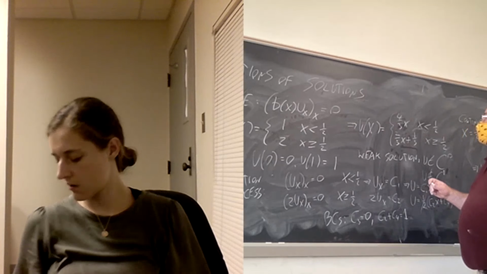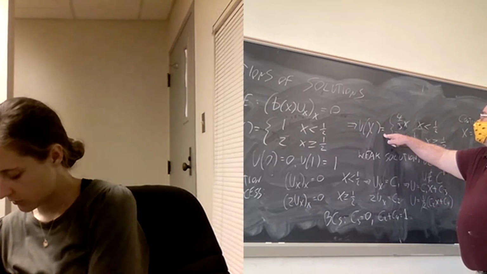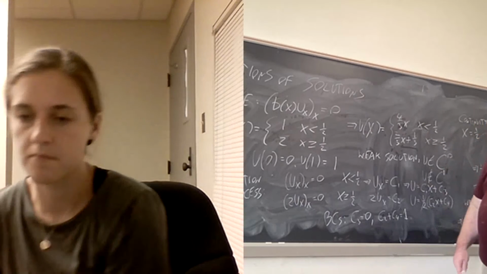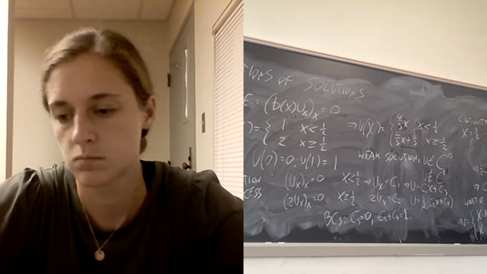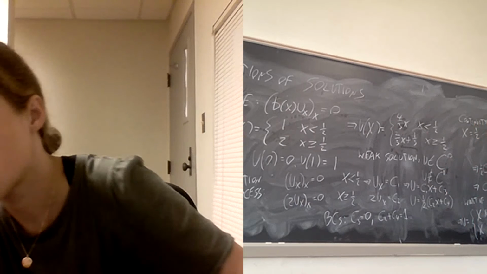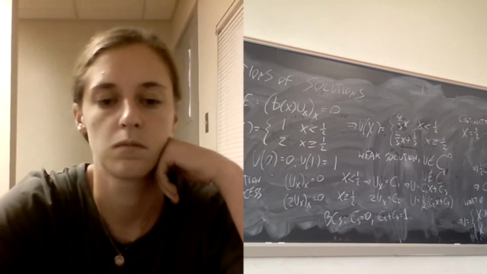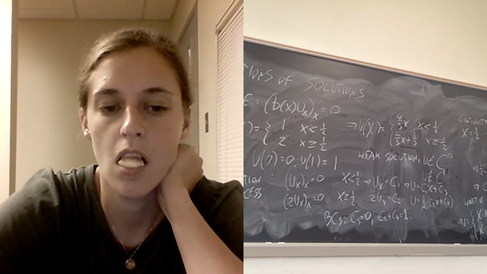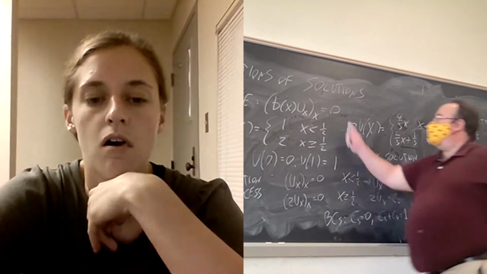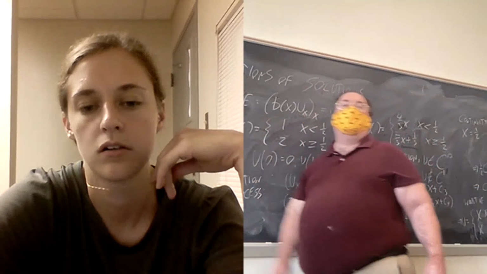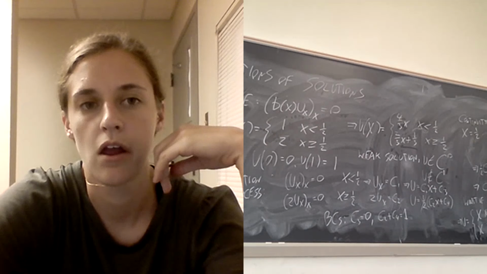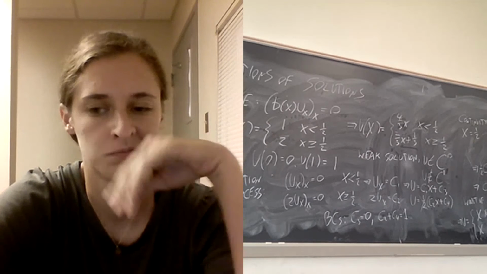So if I take this solution, it may only be C0, but at least I can plug it into the PDE and take any derivatives that are required. Whereas with this solution, it's C infinity, but I can't take this derivative. So that's a subtlety there about classical versus weak solutions.